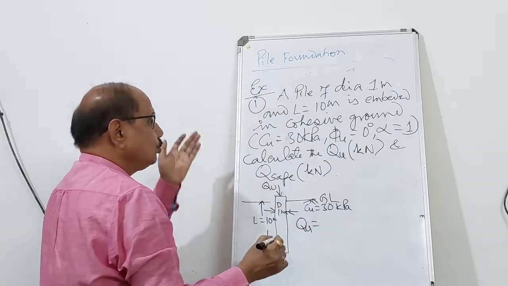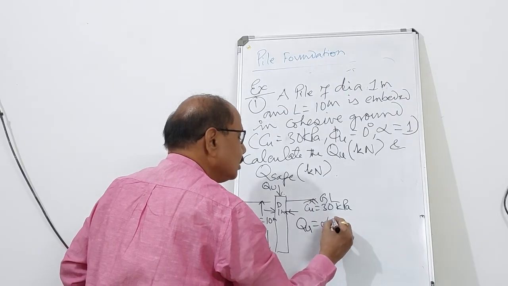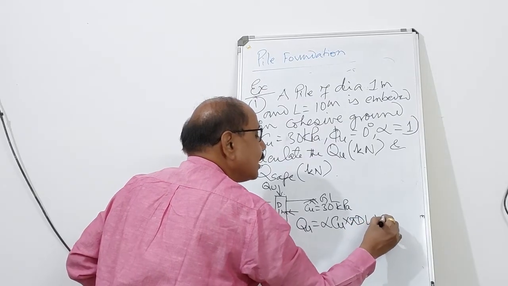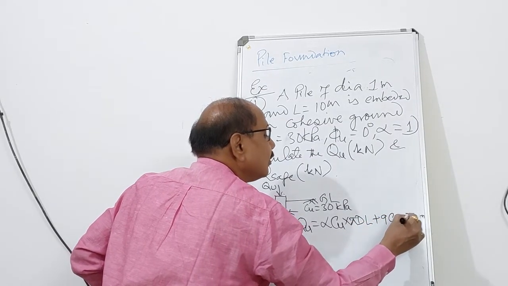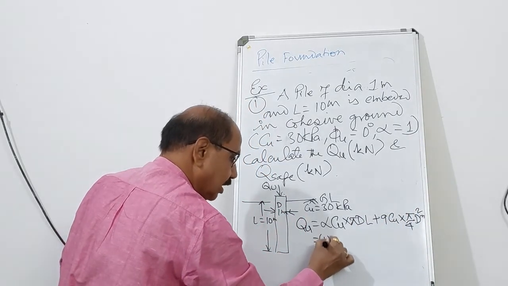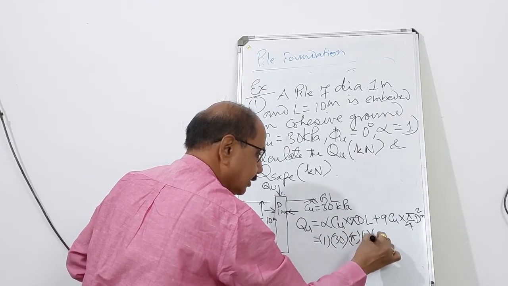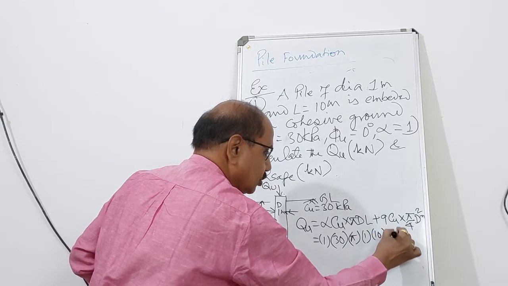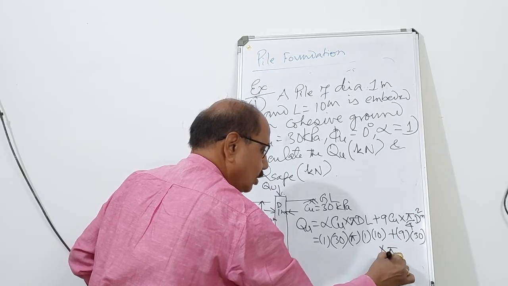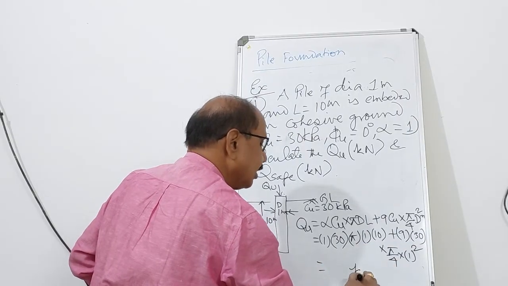So use the formula: Qu equal to alpha times Cu into pi d L plus 9 times Cu into pi by 4 d square. Using this, alpha is 1, Cu equal to 30 kilopascal, into pi, diameter is 1 meter, length is 10 meter, plus 9 times Cu, again 30 kilopascal, into pi by 4 into d square. So you calculate, you will be getting the value in kilonewton.